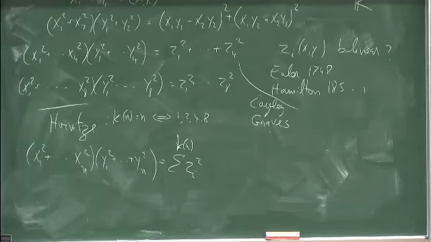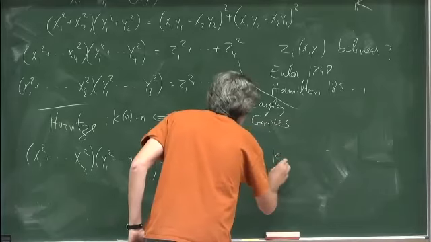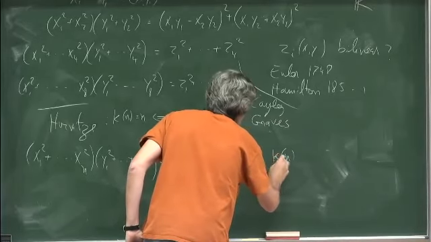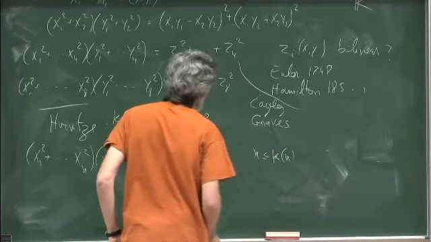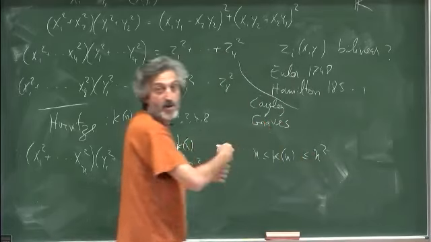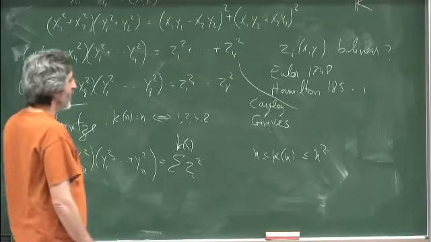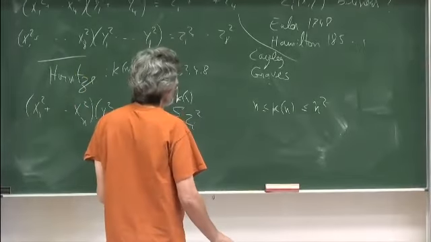This is a sum of squares problem. So what can we say about this k of n? K of n is clearly at least n, and is at most n squared because you can open it up, right? And you can actually improve this a little bit. This is non-trivial.